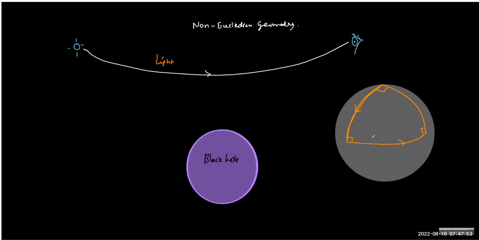You can clearly see this triangle is in three-dimensional space on a sphere, and you can see the angle is how much? So the sum of the angles of a triangle is not necessarily 180, but of course that's not planar geometry.